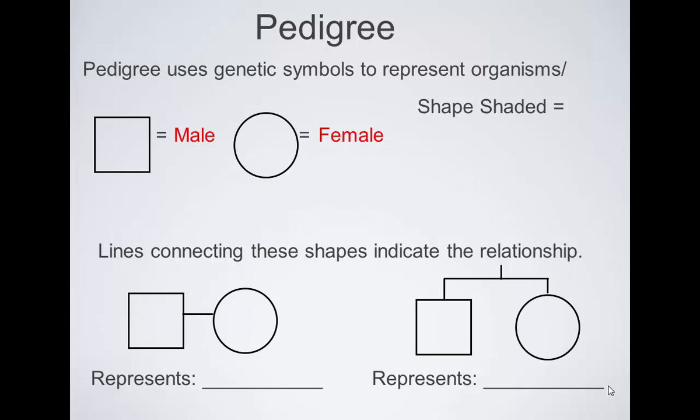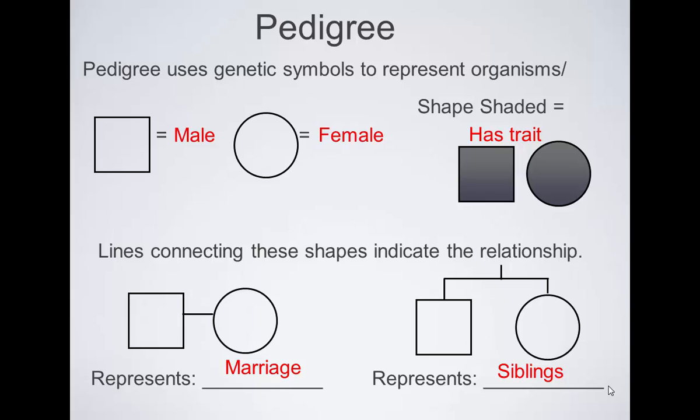So when a person has whatever characteristic we're studying, we shade in their symbol. If it's shaded in, it means they have a certain trait. So this would be a man that has whatever trait we're studying. This would be a woman that has the trait. So those are the symbols we use.